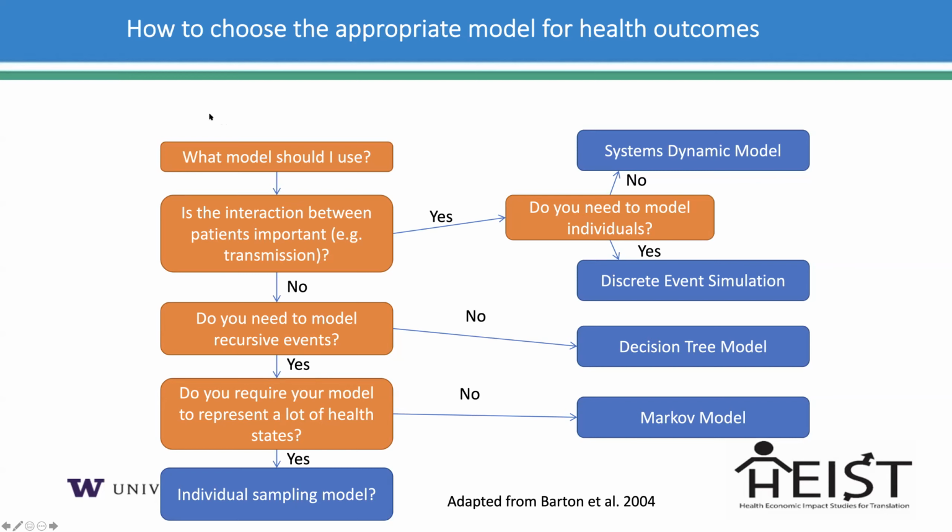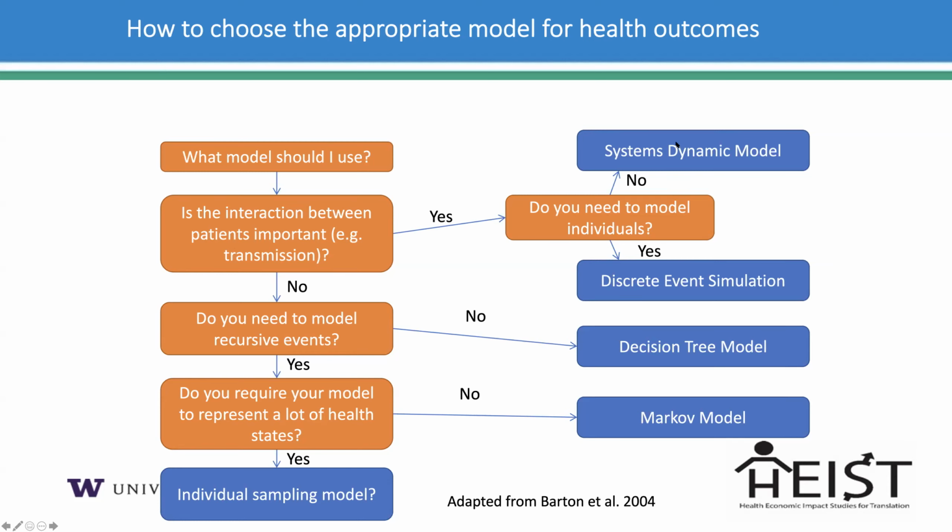In that case, you might be able to answer your question using a linear model, and a decision tree might be the best way of thinking about interventions to prevent opportunistic infections. But if you are interested in transmission and the population level effects, then you might think that transmission is important, yes.